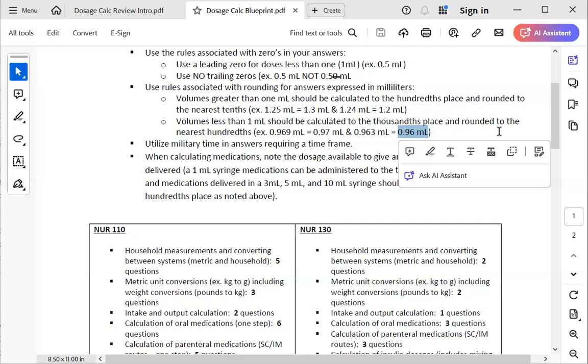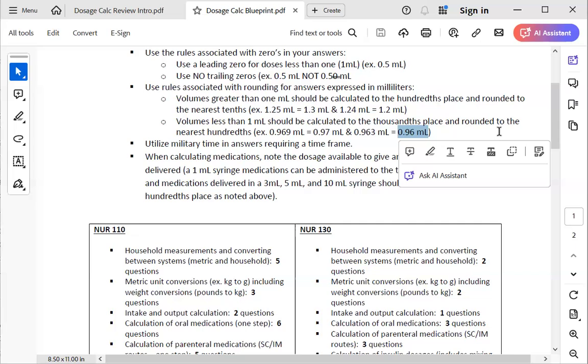Now, if we're doing basic unit to unit conversions, meaning I'm staying within the same system, like the metric system, and I go from milligrams to grams or micrograms to milligrams, and you get a decimal answer, let's say 0.1275.